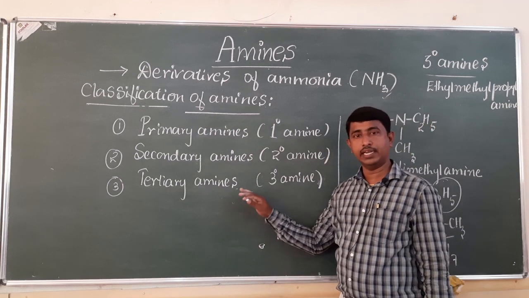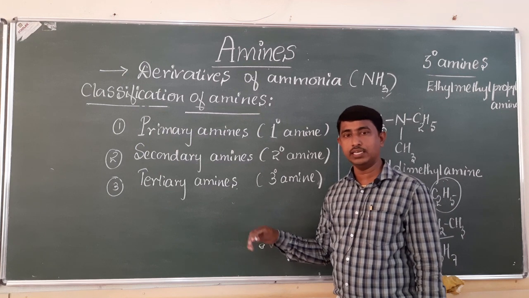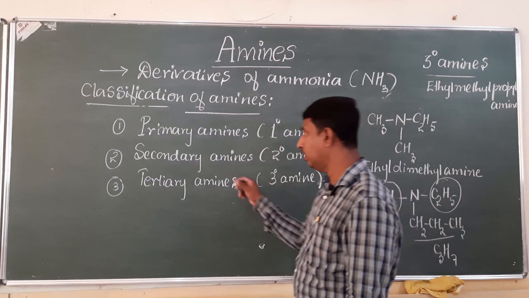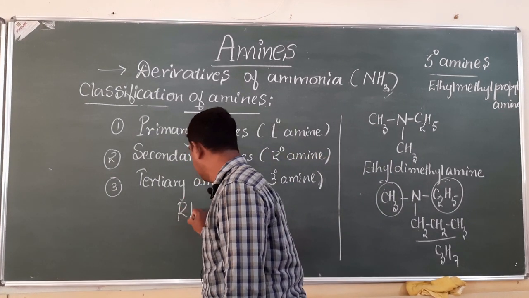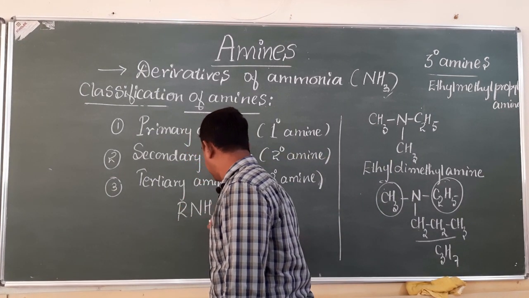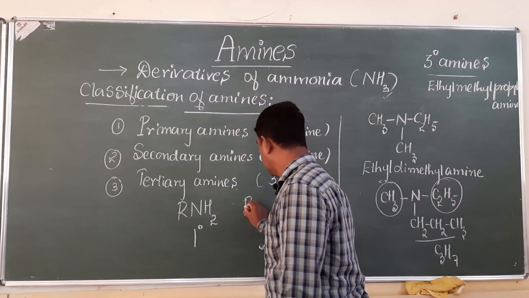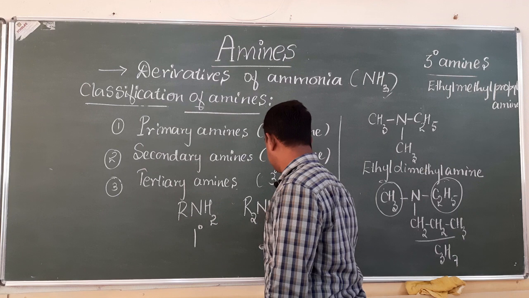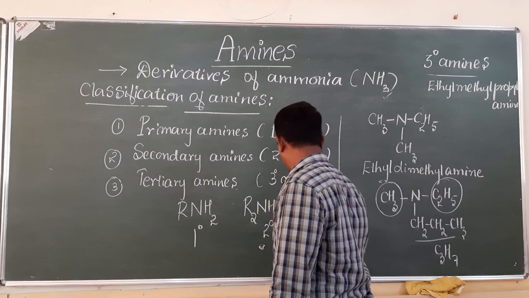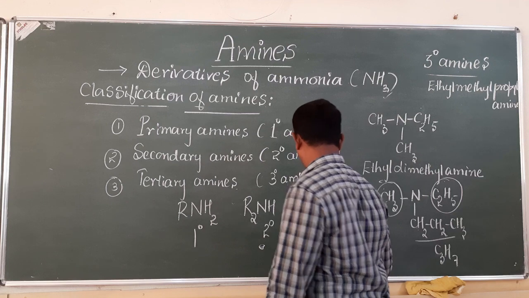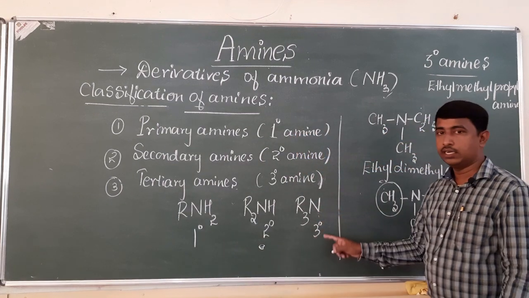Tertiary amine is obtained by replacing all the 3 hydrogen atoms of ammonia. The formulas are like this: RNH2 is primary amine, R2NH is secondary amine, R3N is tertiary amine.